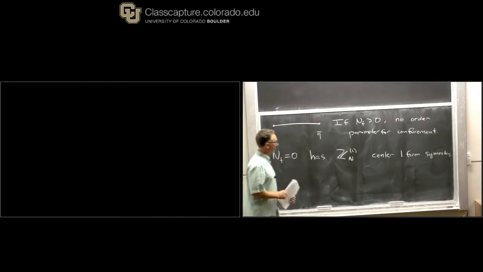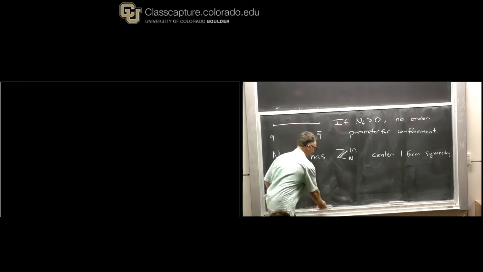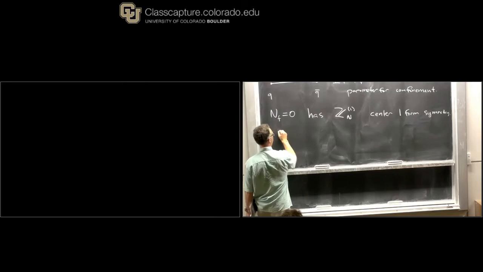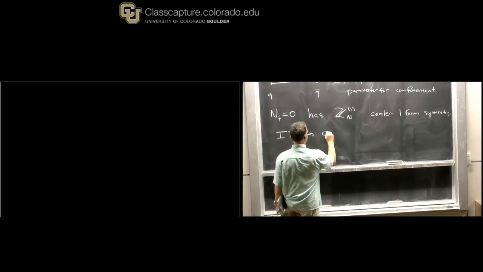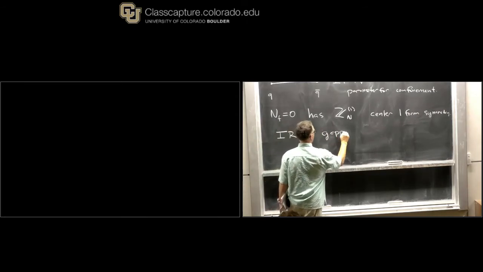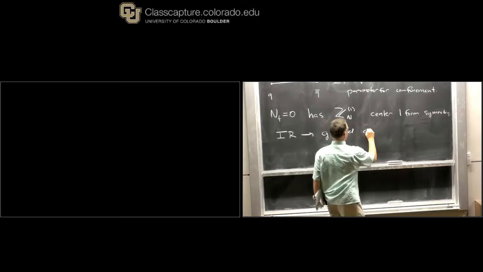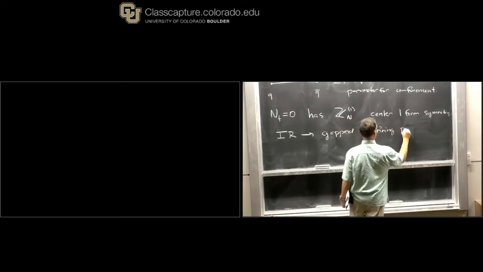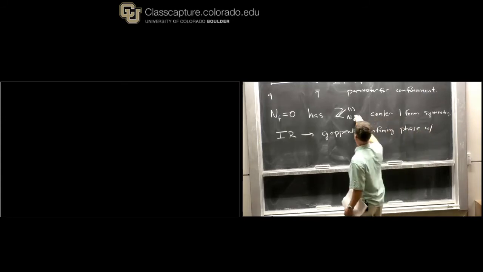And now there is an order parameter for confinement. And so it's believed, for instance, that in the infrared we get a gapped confining phase with this symmetry unbroken.